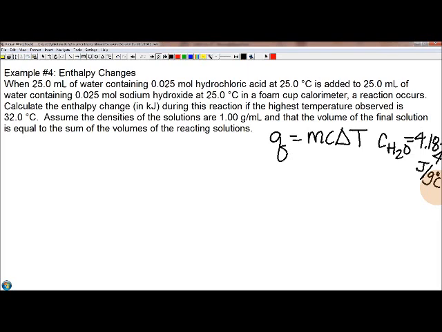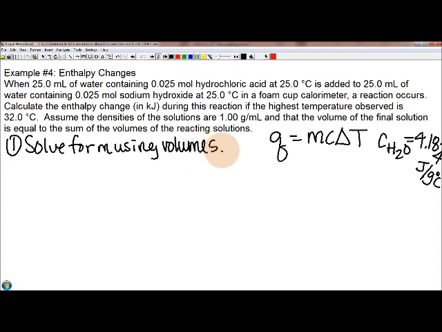To solve for the mass, we are going to use the volumes of the solution. So the first step is solving for m using volume. We know that we have 25 milliliters of one solution added to 25 milliliters of the other solution.